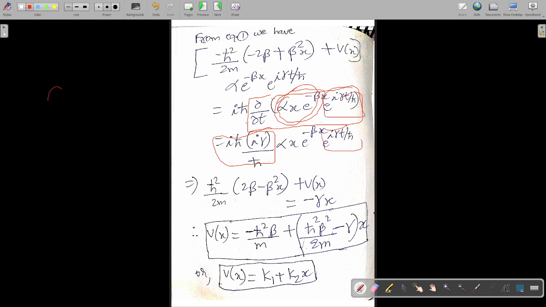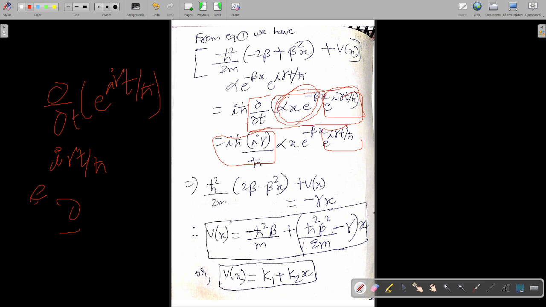When that term is differentiated, del by del t of e to the power i gamma t over h cut, this is the expression, right? The exponential function will remain as it is, and it is multiplied by del by del t of i gamma t over h cut.